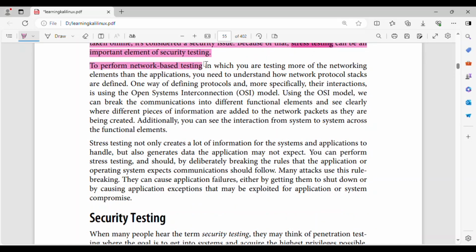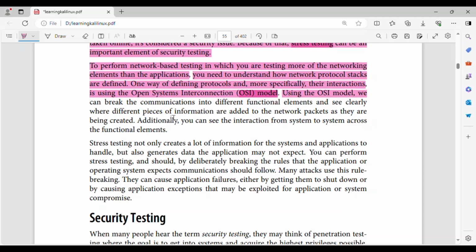To perform network-based testing in which you are testing more of the networking elements than the applications, you need to understand how network protocol stacks are defined. One way of defining protocols and, more specifically, their interactions, is using the Open Systems Interconnection (OSI) model.